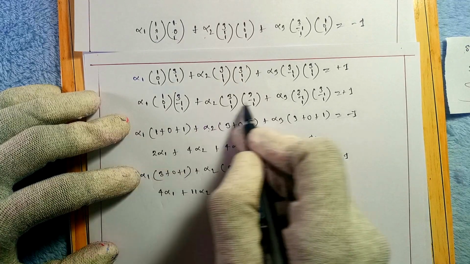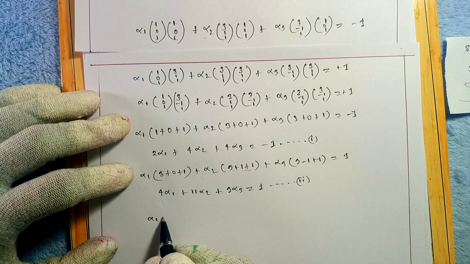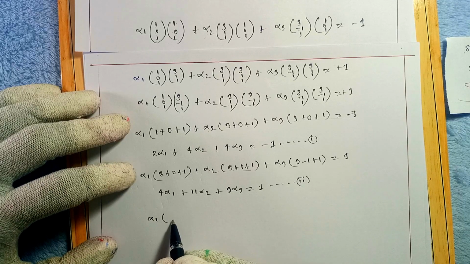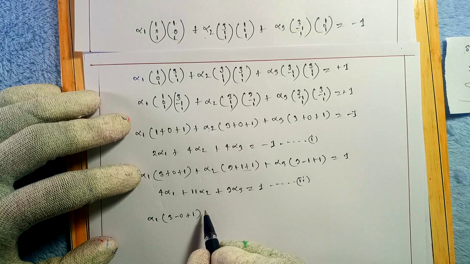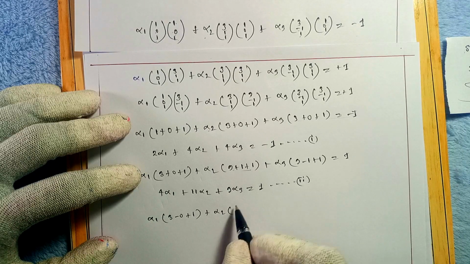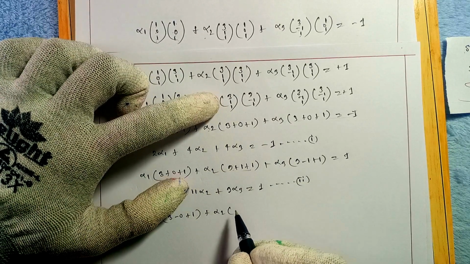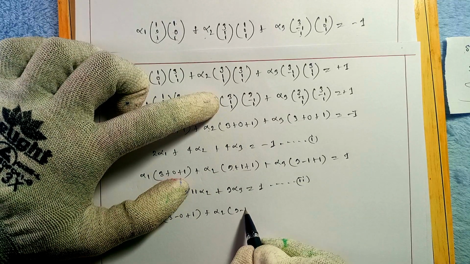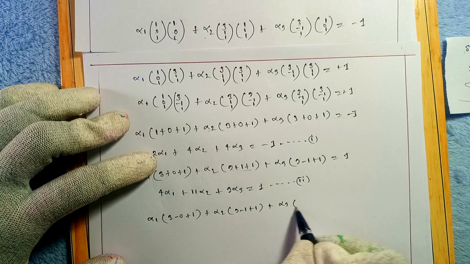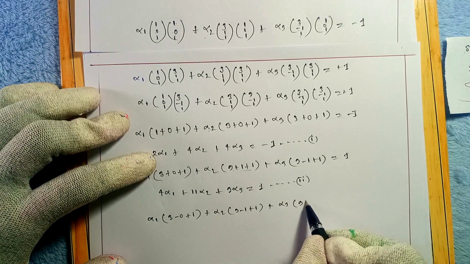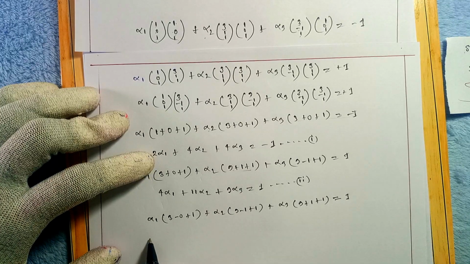Then we have to find for this row, alpha 1: this is 3 minus 0 plus 1, plus alpha 2, this is 3 into 3 is 9, 9 minus 1 plus 1, plus alpha 3: 9 plus 1 plus 1, equal to plus 1.